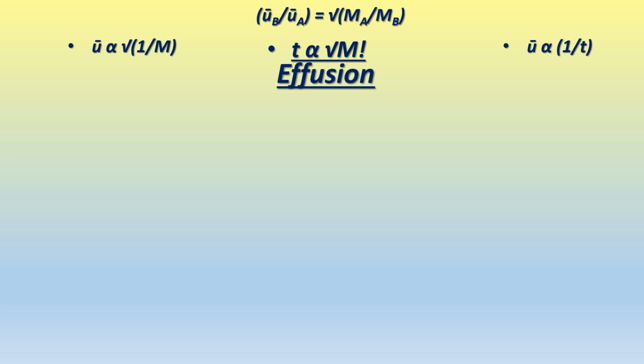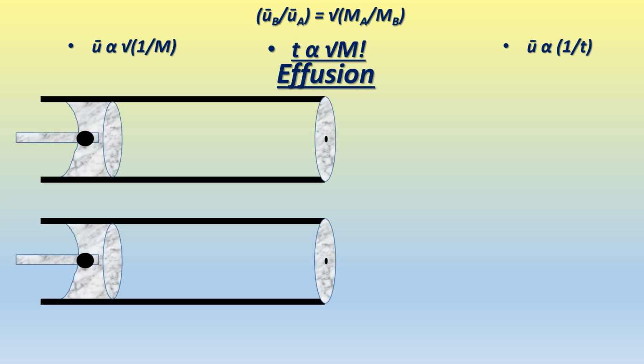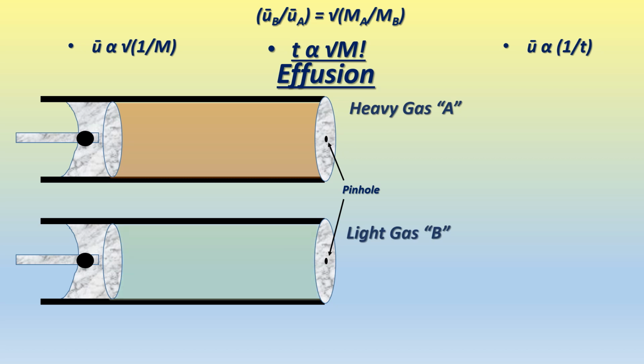This is called effusion. In an effusion experiment, one has a cylinder with a piston on the end of it. At the end of each cylinder, a tiny pinhole is drilled. The cylinders are filled with two different gases, one heavy, one lighter, call them A and B. And then the piston, which moves a given distance, identical distance x, is pushed forward with an equal force.